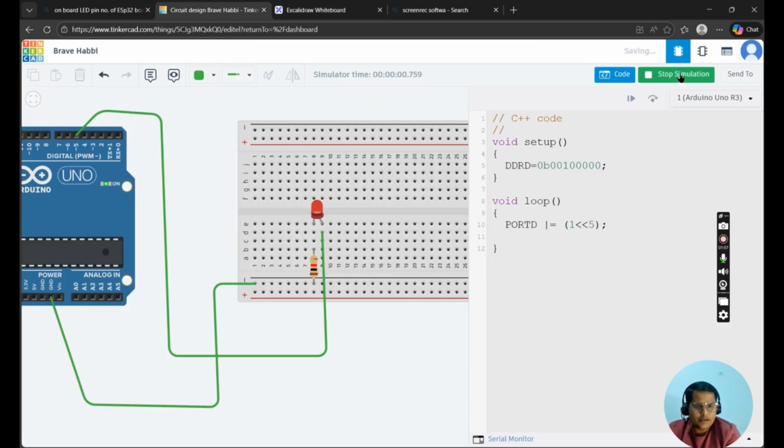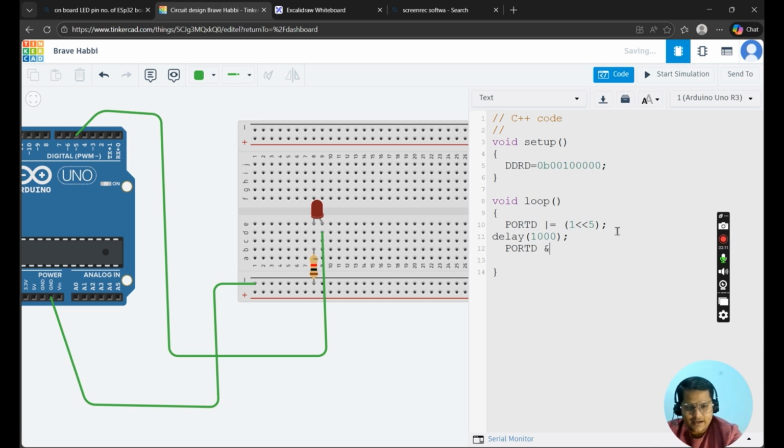Now same thing, let's say I want to write a program for LED blinking, right? So let me put a delay of 1000, and now I want to clear the bit. For clearing, I have explained, right? What operation for clearing? Bitwise AND. Which pin do we want to clear? Fifth number.